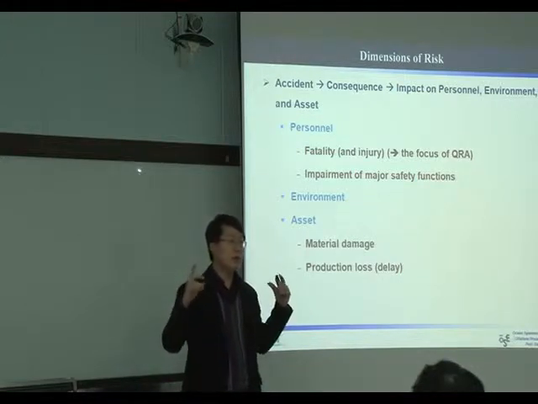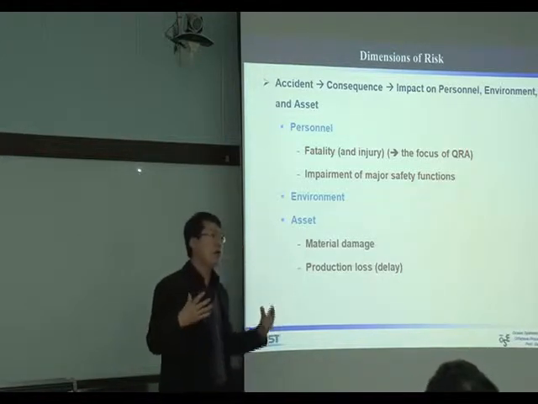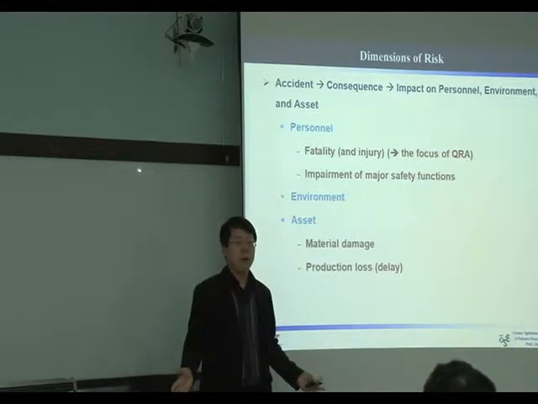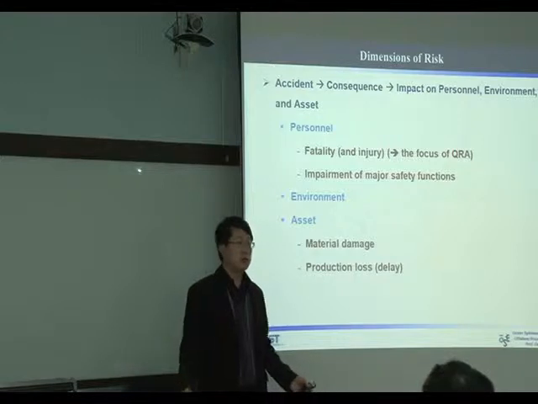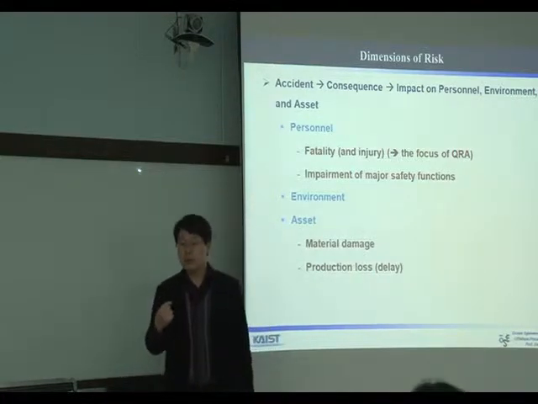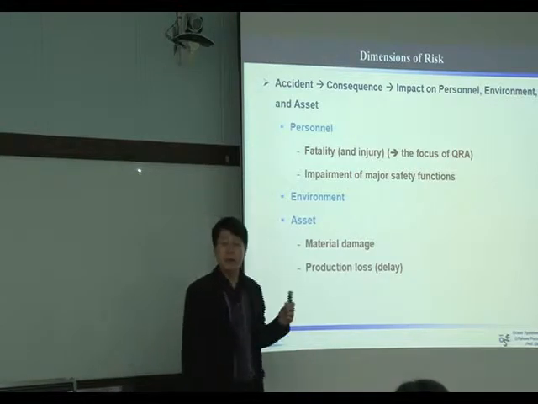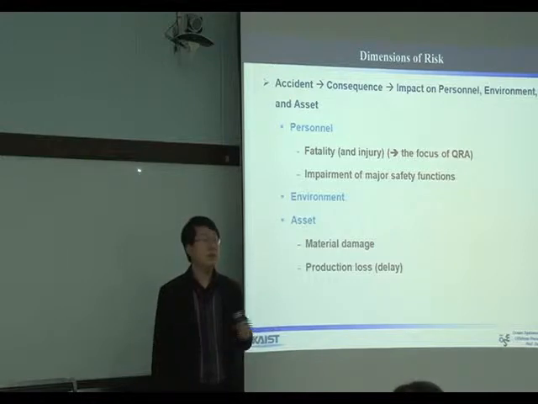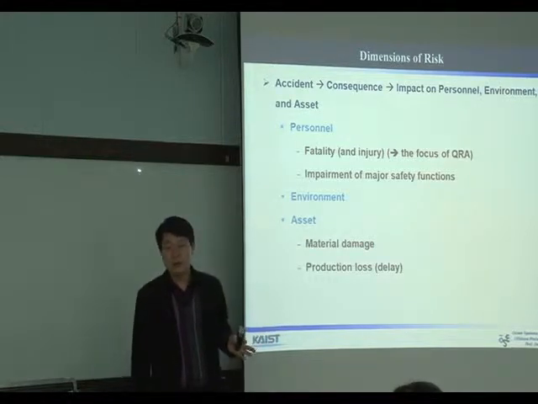But as you can imagine, a fire accident can cause several months production loss. So production loss is more important than the material damage in many cases. Is it clear to you?